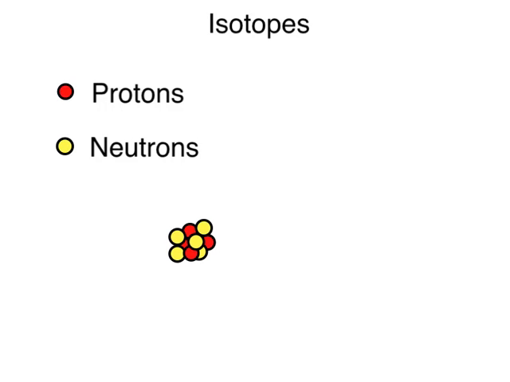Okay, now here we have a nucleus. We've got rid of the rest of the atom, but we've just got the nucleus. Now we can see from the key that we've got protons and neutrons, protons being red, neutrons being yellow. Now an isotope, if we break this word down, iso means the same, and this is the same nucleus.